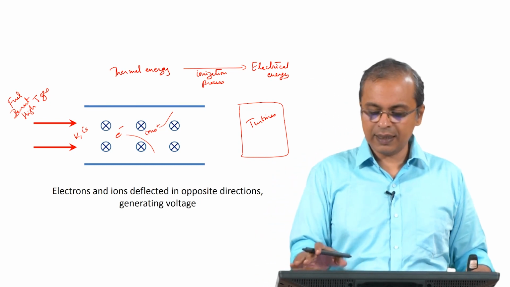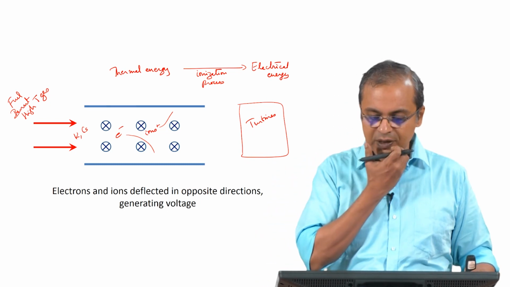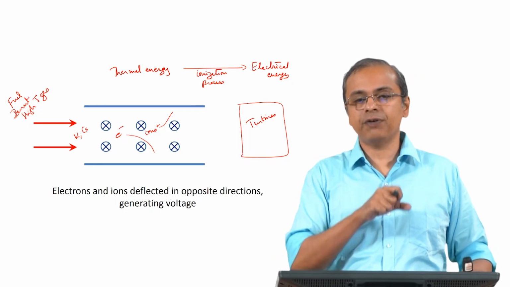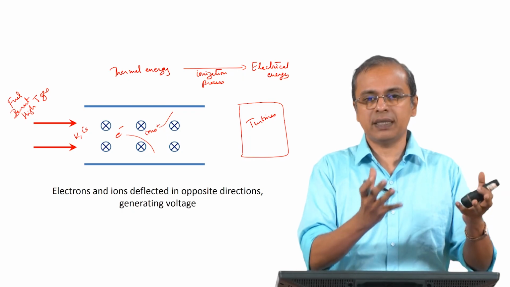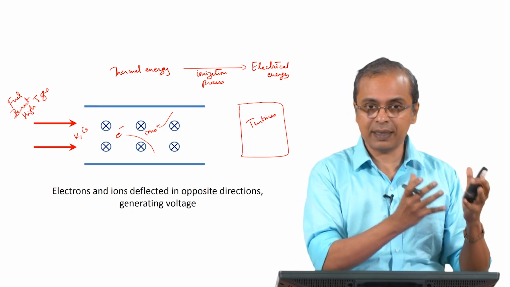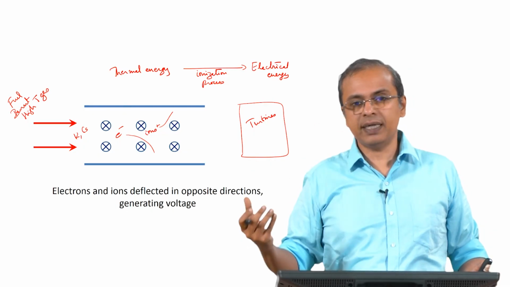So, that is why this process is explored and investigated, because it gives you a pathway to pick up energy, because your original energy is only in thermal form. You burnt fuel, so the energy is available in thermal energy form, and from that only you are trying to generate electricity.